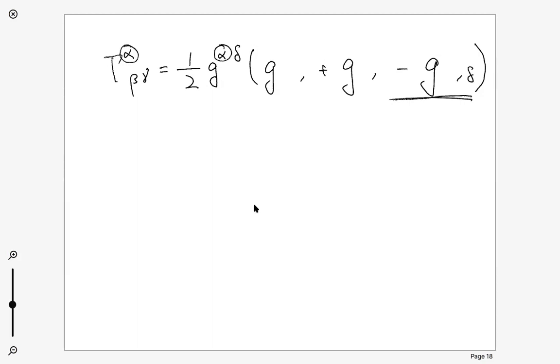This contracting index should go to the derivative of the last term, and then this position in the first two terms. And then the rest is just the beta and gamma. The beta and gamma is symmetric, so I don't really care which order is which. Okay, so something like this.